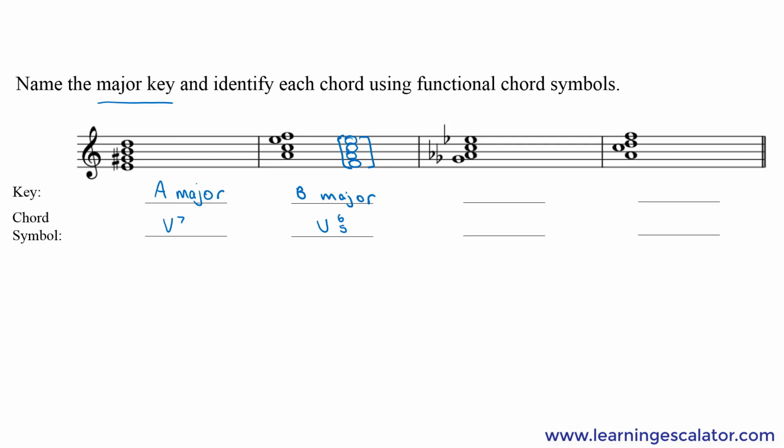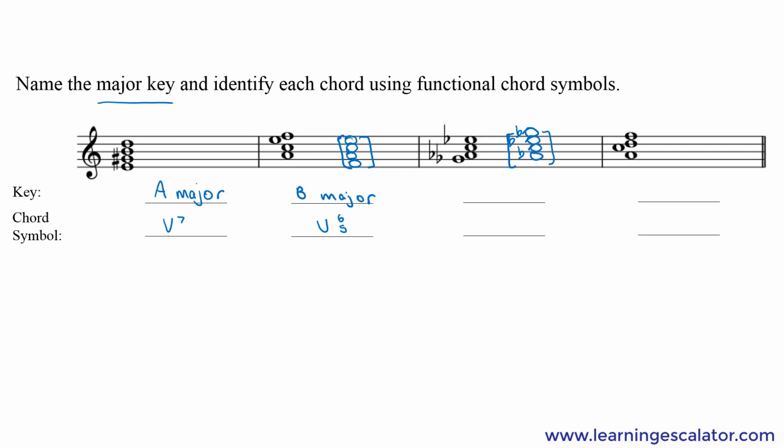And then this one, it's G flat, A flat, C, and E flat. So if you rearrange it in brackets, it's A flat, C, E flat, and G flat.